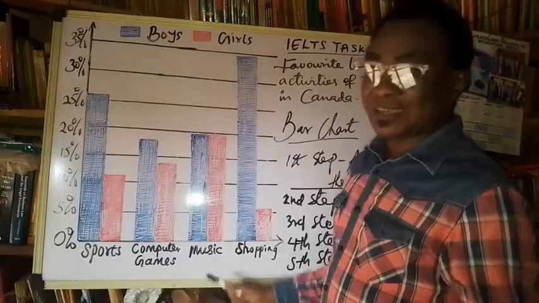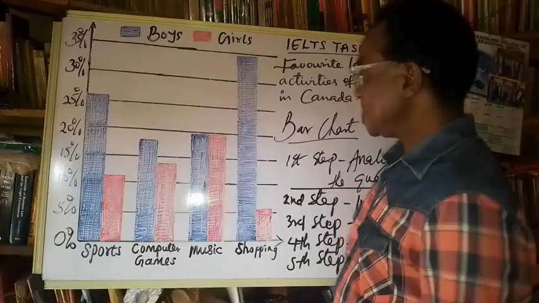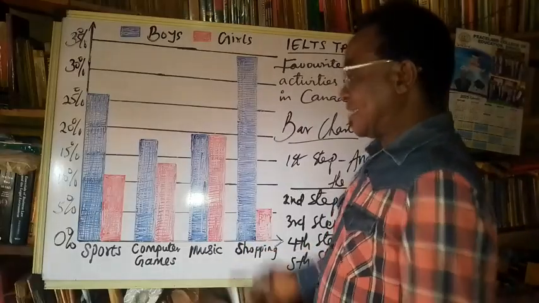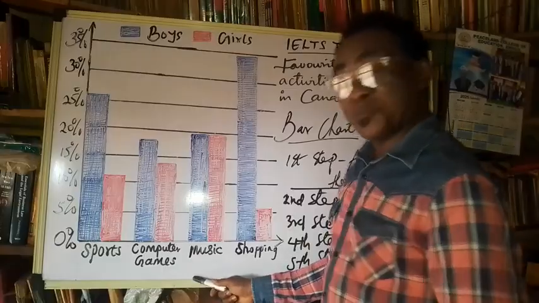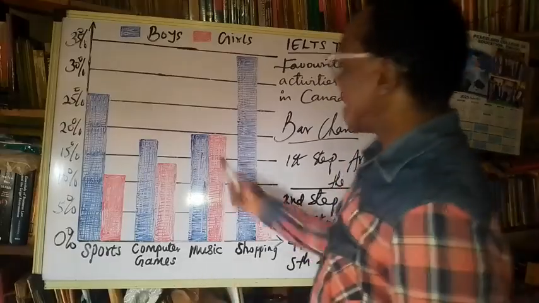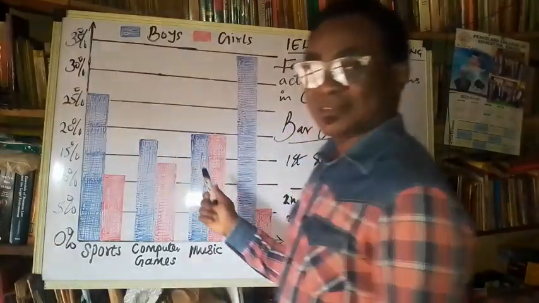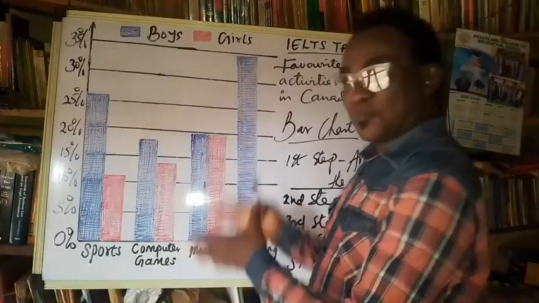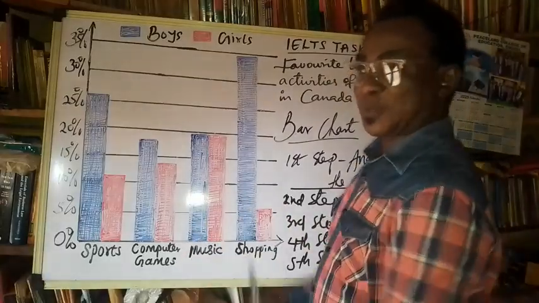As regards music, however, an equal percent of teenage boys and girls loved music as their leisure activity. That is about 19% of the total population of boys and girls who participated in the study.